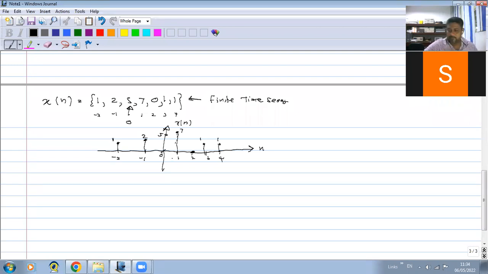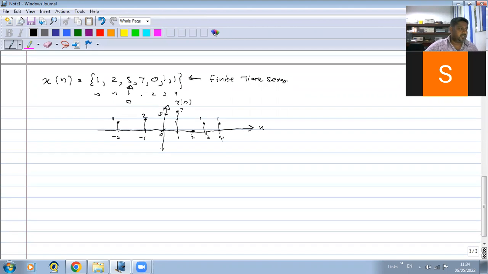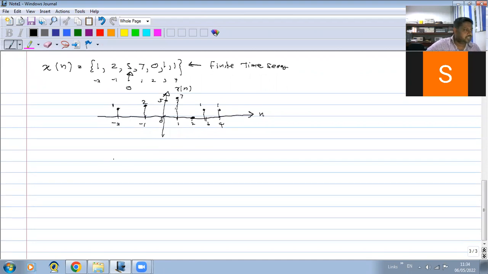Now you can see it is in the time domain. Now we have to convert this signal into the Z domain, X(z). So we have to perform this Z transform.